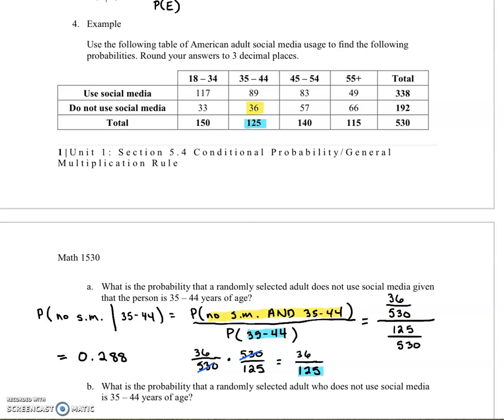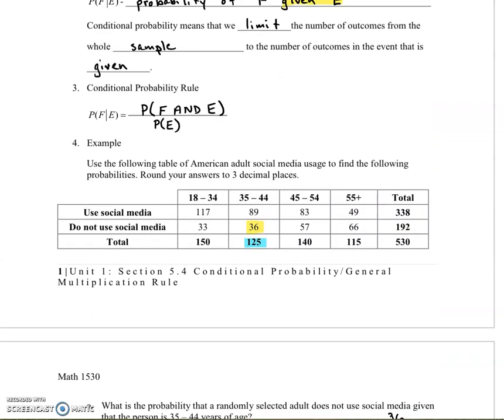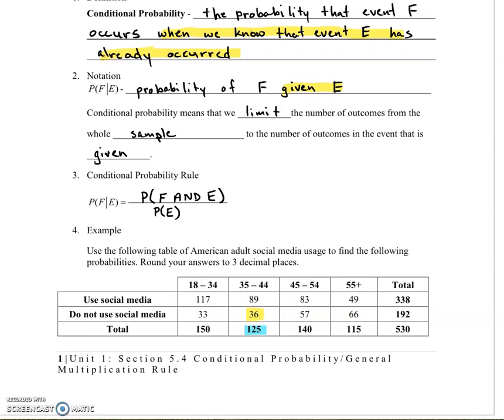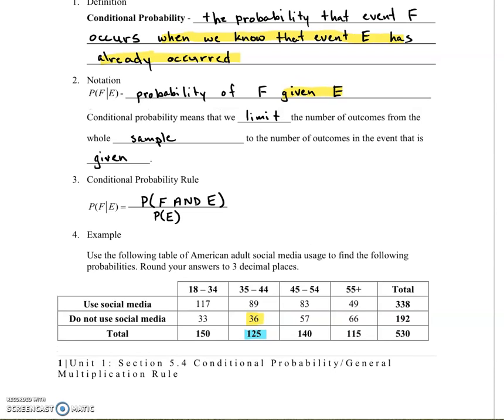And the 36 just comes from the number of people that are in both categories of 35 to 44 and not using social media. So that makes the math a little bit easier. And that's also what I was talking about up here when it says that conditional probability means we limit the number of outcomes from the whole sample to the number of outcomes in the event given.